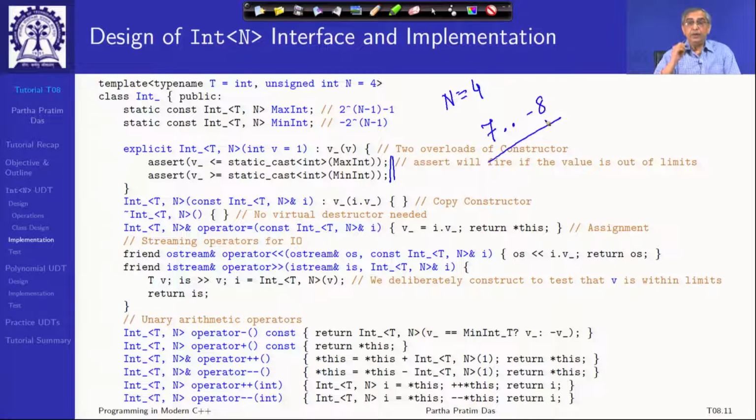So, if somebody wants to build an integer with the value 9, then certainly this will not satisfy my system. So, I would like to give an assert in doing that. So, my assert says that it has to be less than max int and it has to be more than min int, otherwise the system will fail.